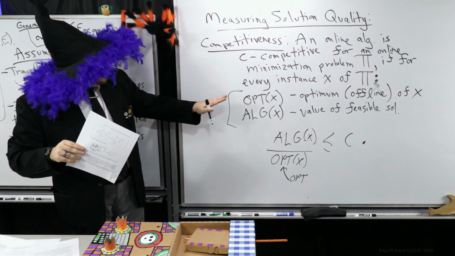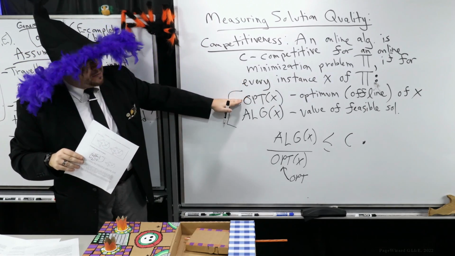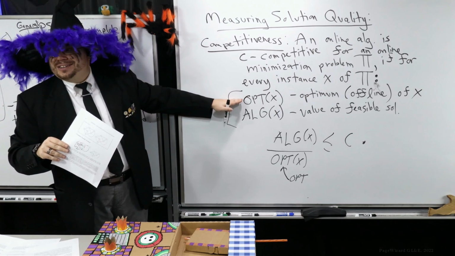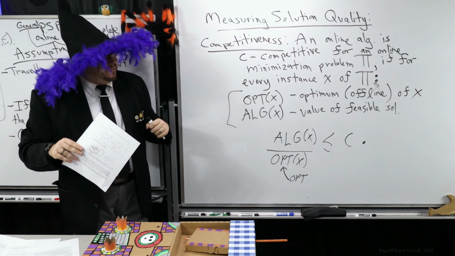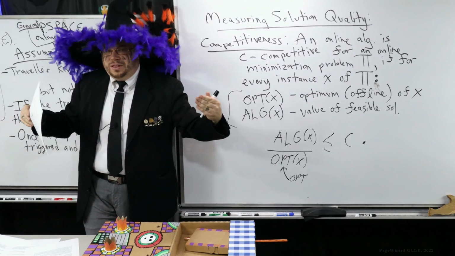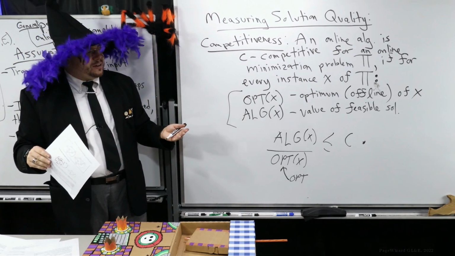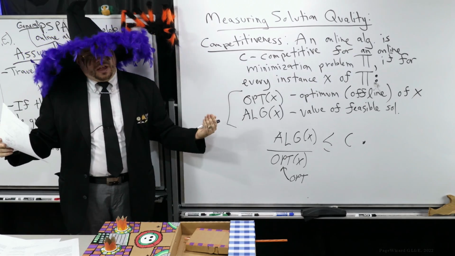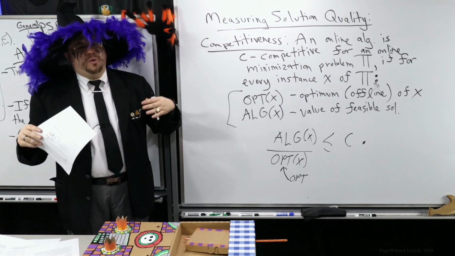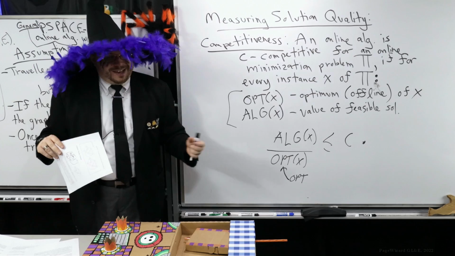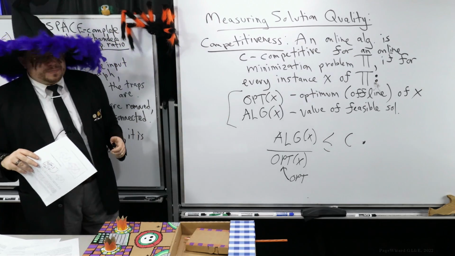Because remember, the point here is that this optimum isn't without that knowledge. It is, in fact, when I have all of the input. Well, we call it the offline version. Just like I mentioned earlier, if I wanted to solve the offline version of the K Canadian Traveler problem, I could just use Dijkstra's algorithm because I know where all the trap edges are, right? I can just get rid of them and just run Dijkstra.